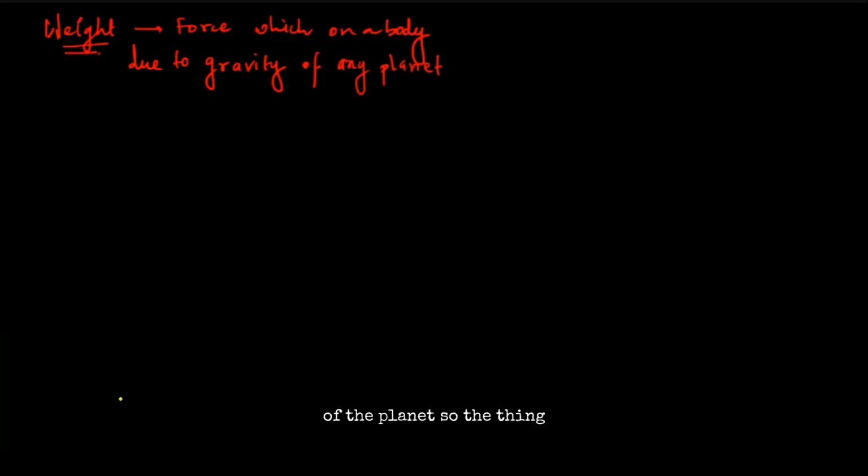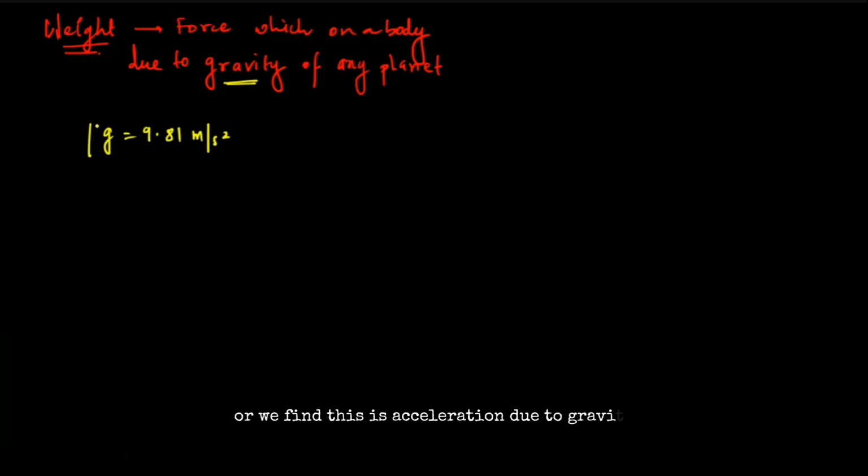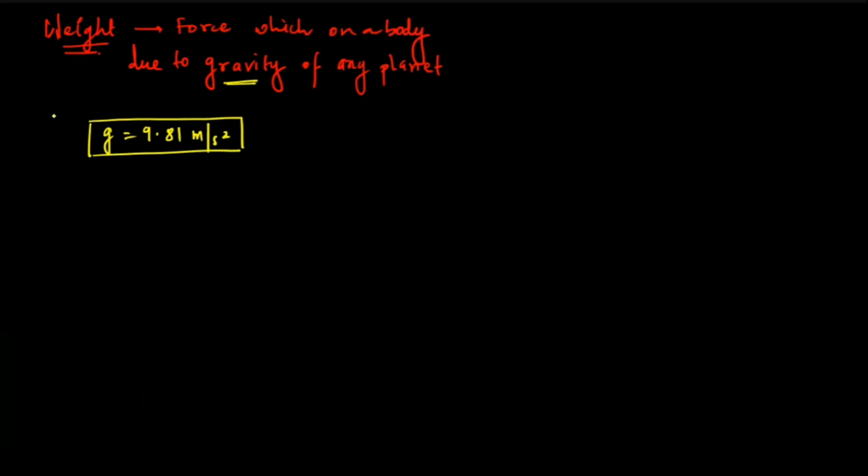So this is one such force which is acting on an object due to the gravity of the planet. The thing you need to understand here is that the weight of an object on Earth and the weight of the object on any other planet is going to be different, because it depends upon the gravity of that planet. In the case of Earth, the gravity is approximately 9.81 meters per second square, or we should say this is the acceleration due to gravity.